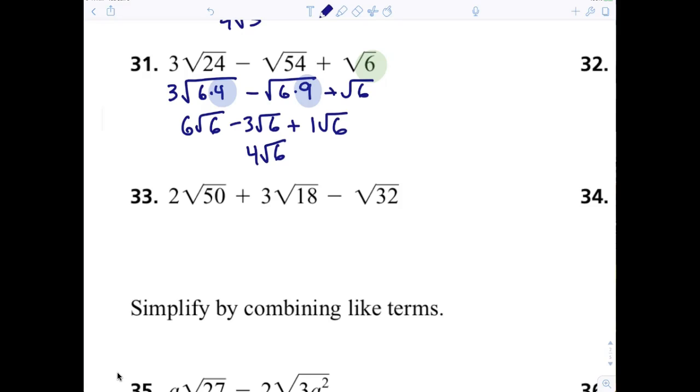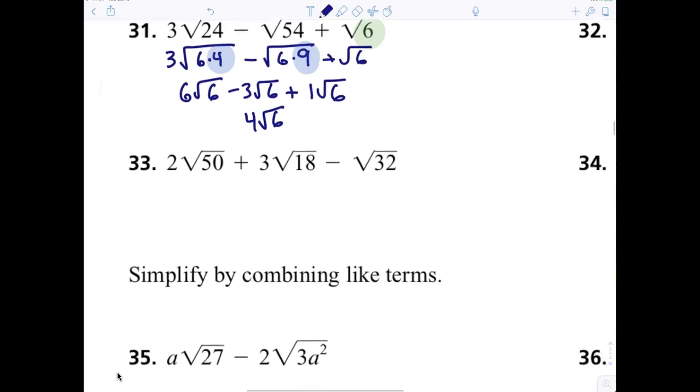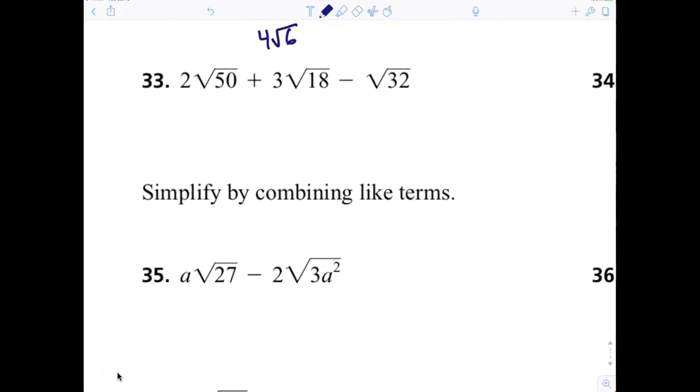All right. Jess, tell me about 50. What is that? Not 5 and 10. 2 times what is 50? Oh, 2 and 25. Yeah, you with me? Now, probably what's in the rest of them? 2. That's exactly how you should be doing it.